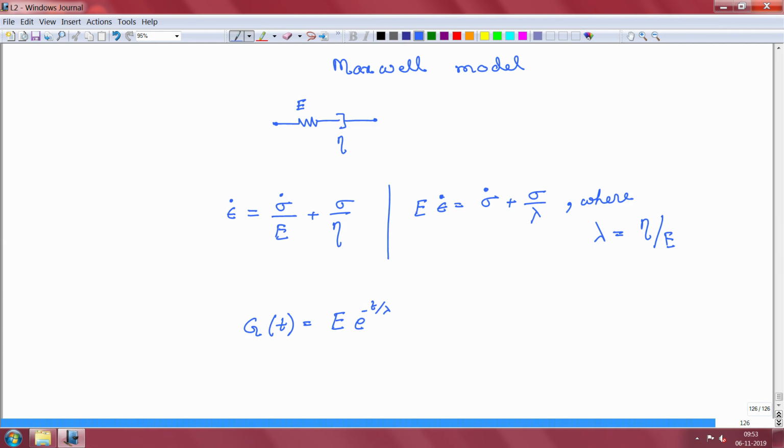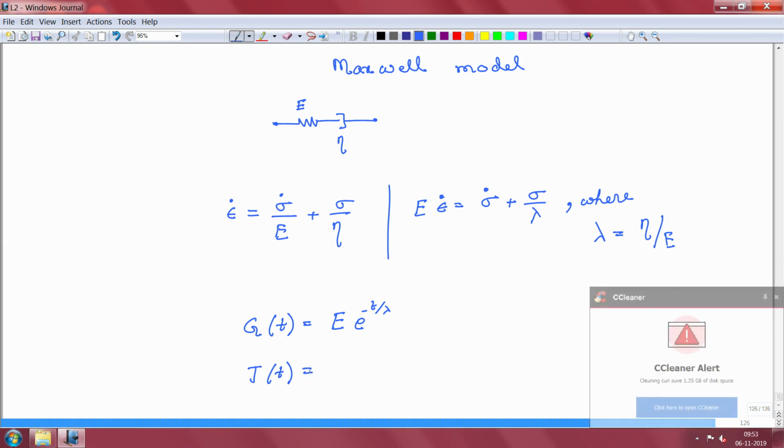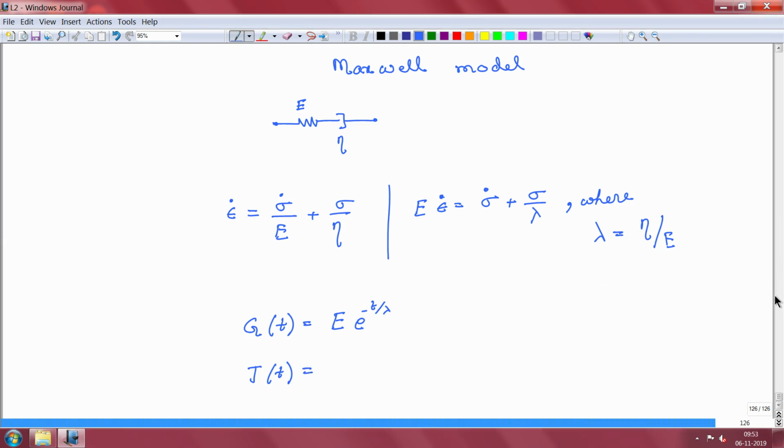Similarly, we derived the equation for the creep function, and that also came out to be a simple form. However, in this case you have to remember that while the stress relaxation is exponential in nature, the creep turned out to be linear in nature.